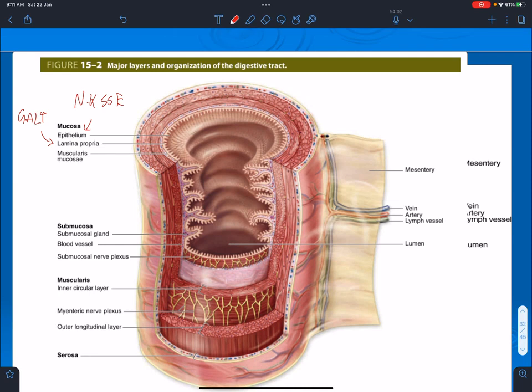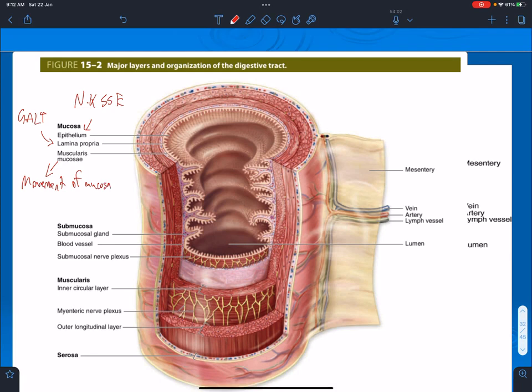Underneath it is the muscularis mucosa, a thin layer of smooth muscle responsible for movement of the mucosa and of the mucus that it secretes. That is the mucosa of your esophagus, just like that.